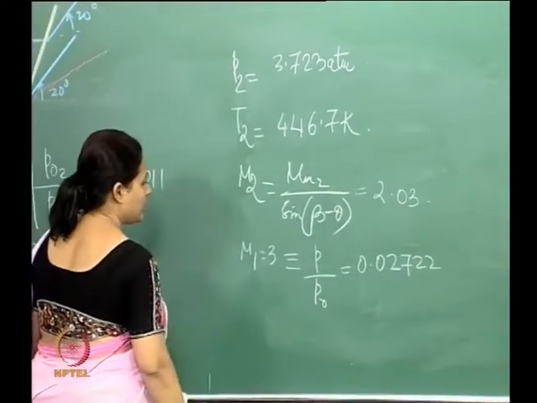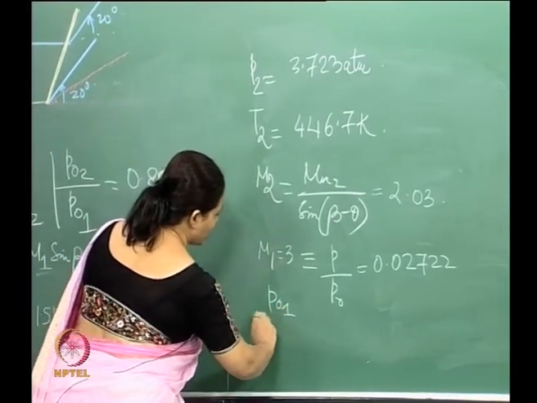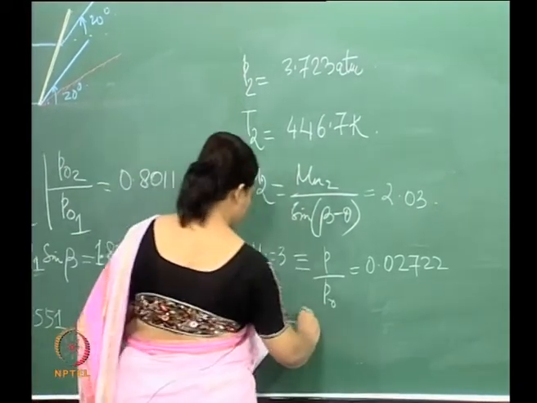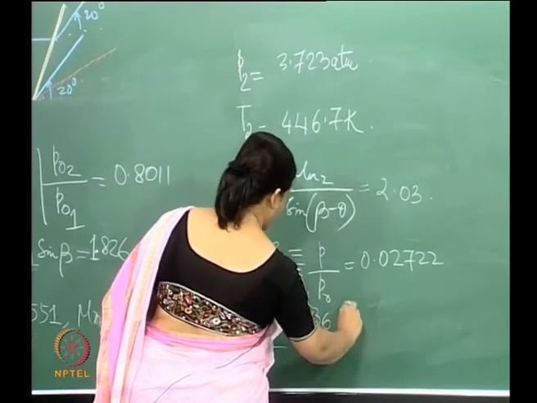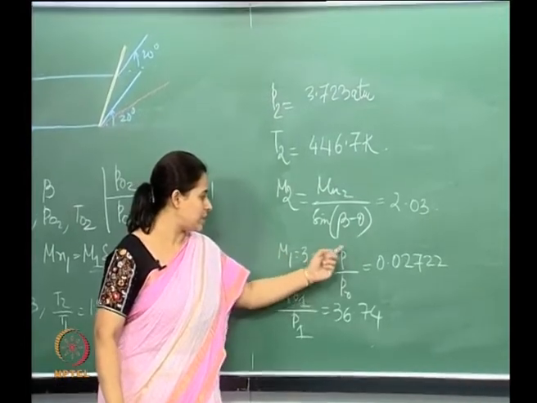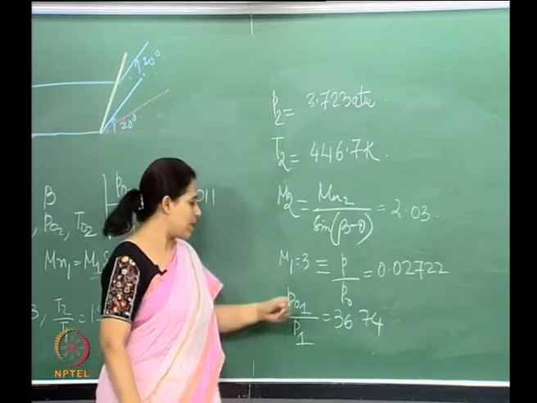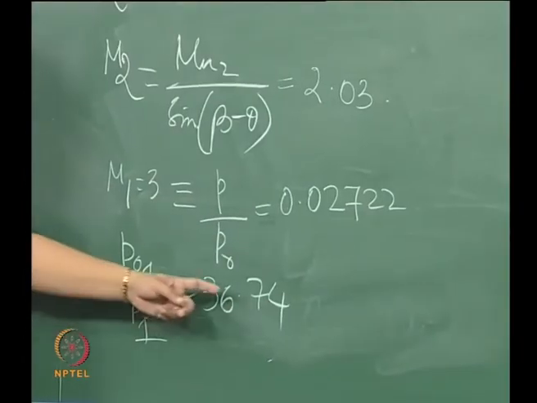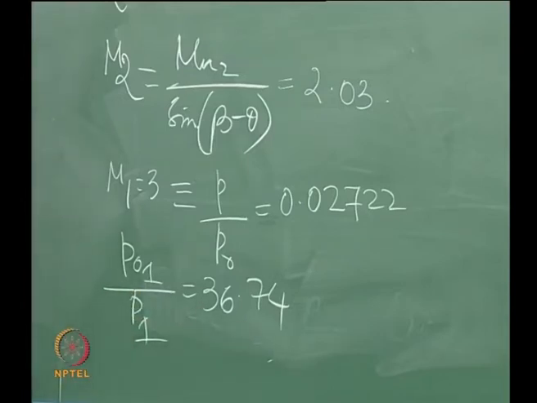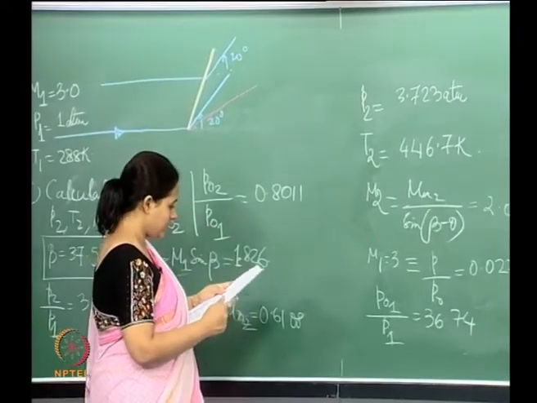So therefore, from here I can calculate P naught 1 by P1, which is 36.74. So you can see that P1 is known to us. What we need, however, is P naught 2 by P naught 1.